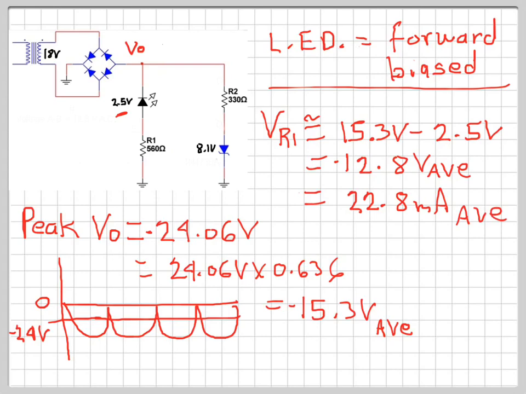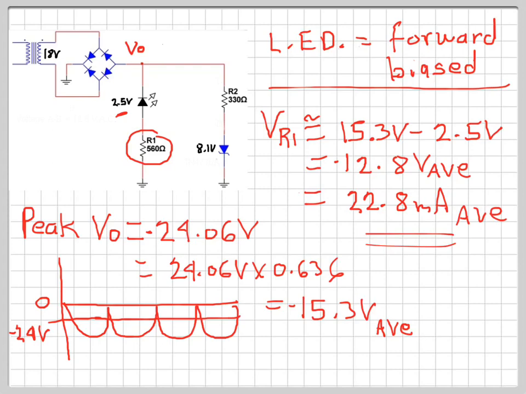That would be the current flowing through resistor R1. So all we did was subtract the forward drop of the LED, the 2.5, from VO, which gives us 24 volts times 0.636, the average output, minus the 2.5, and 12.8 divided by the 560 gives us almost 23 milliamps.